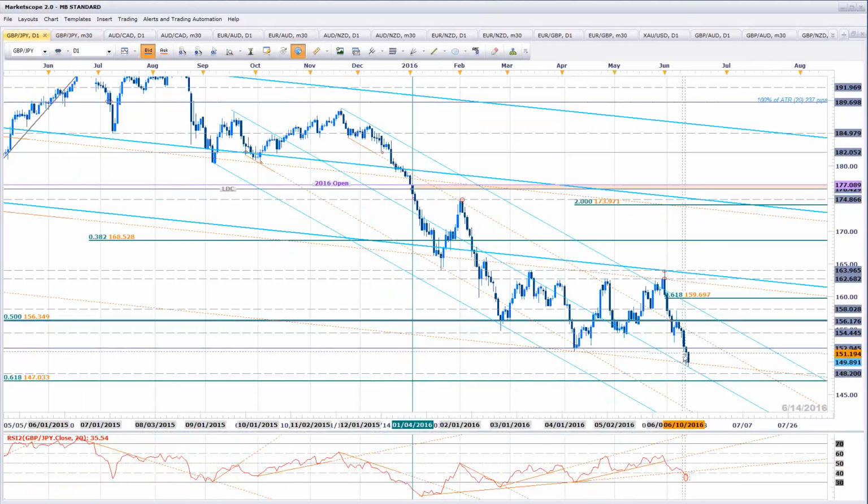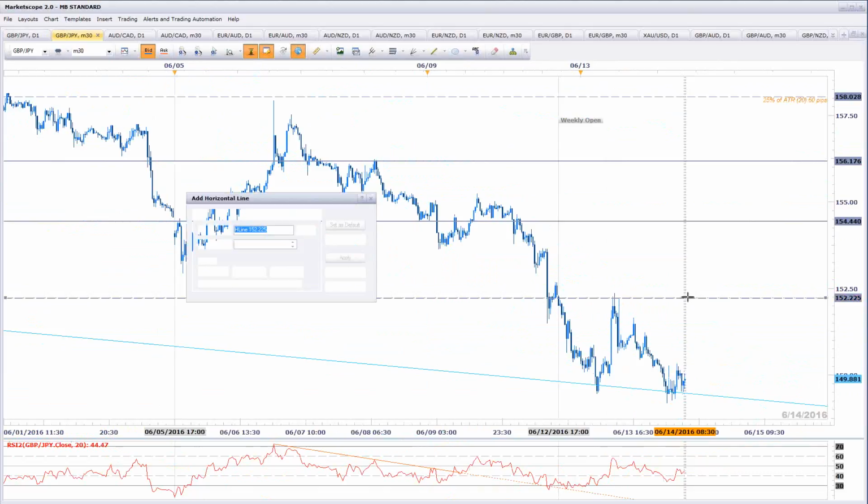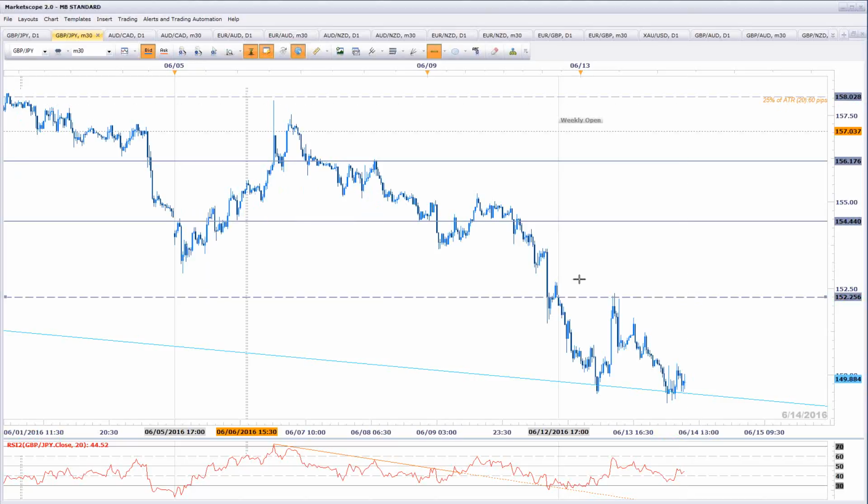Weekly open comes in at 152.25.6. Okay, pretty close to the weekly opening range high.